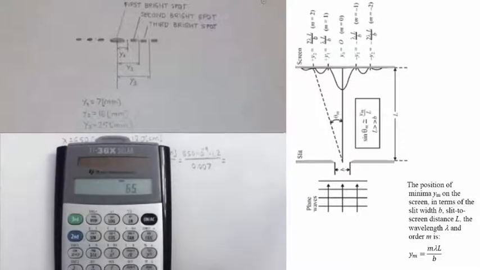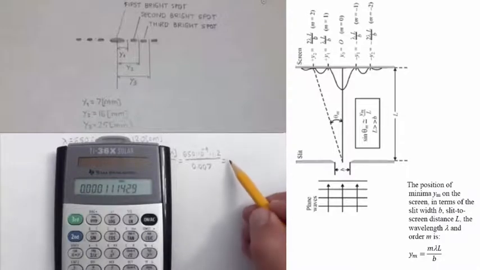So we have 650 times 1.2 over 0.007, and then times 10 to the negative 9, which is this. So we get 0.00011 meter, or we can convert this immediately to millimeters. So this is going to be equal to 0.11 millimeters.